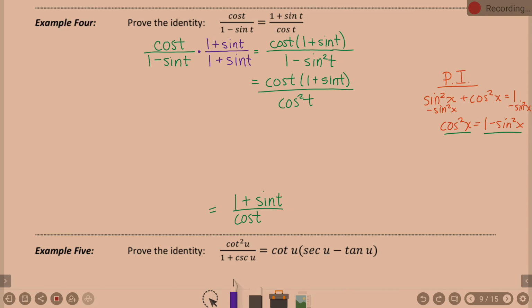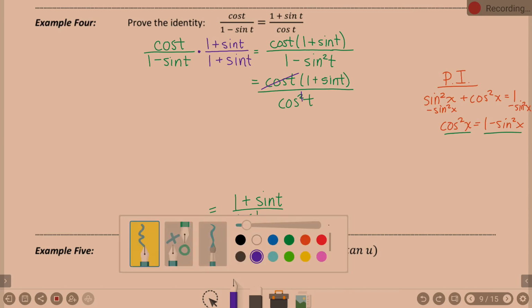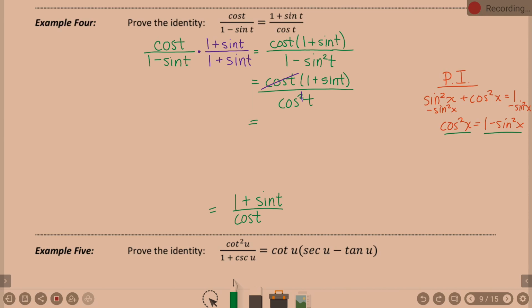Just cancel: one cosine t on top cancels with one cosine t on the bottom. And I now have 1 plus sine t over cosine t. And bam, we're there. I rewrote where I'm supposed to be at, but we're there.